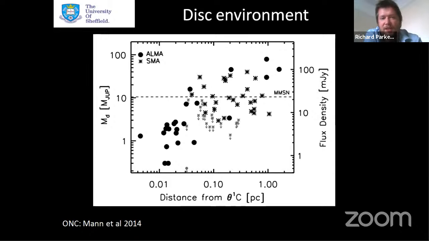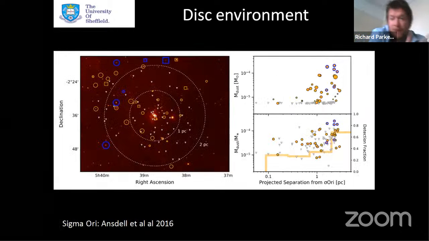And so what you see is what appears to be a fairly strong correlation between the mass of the disk and the distance from the ionizing source. The interpretation being that the closer you are to the ionizing source, the more of the disk is going to be destroyed and the less massive the disk will be. That was in the Orion Nebula cluster.